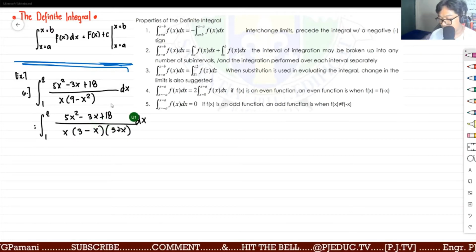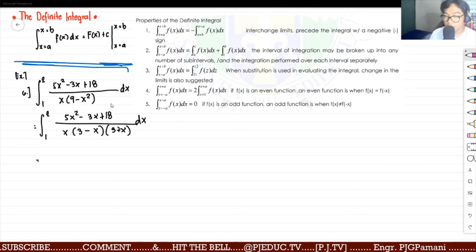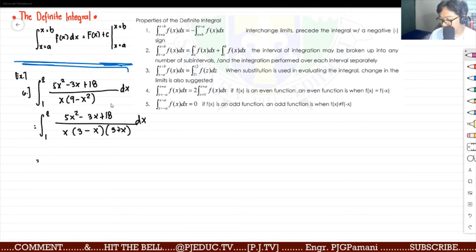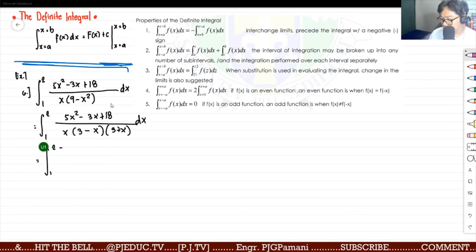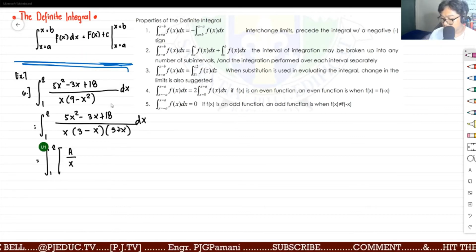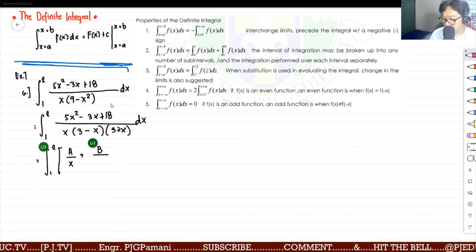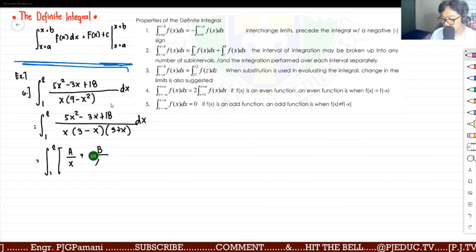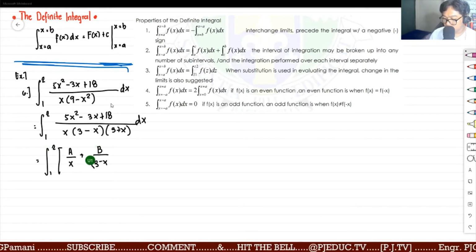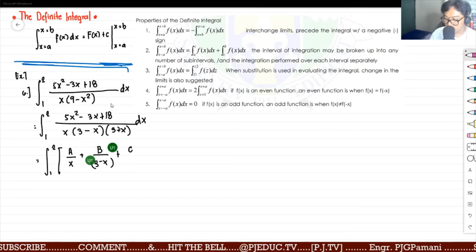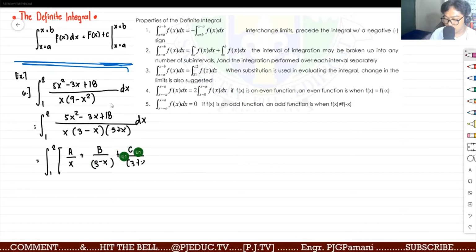So how many terms or how many partial fraction forms is that? That is a over x plus b over 3 minus x plus c over 3 plus x dx.